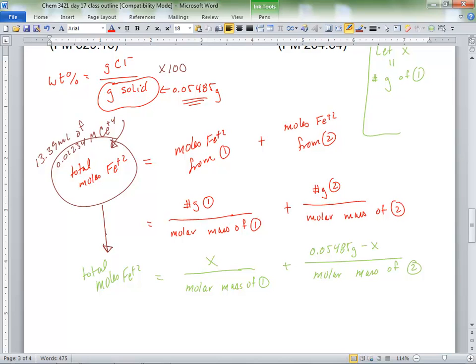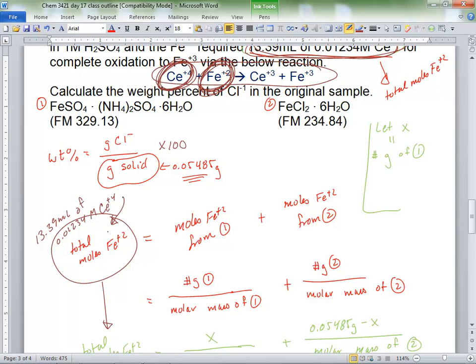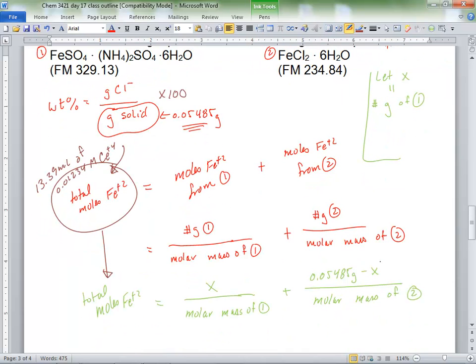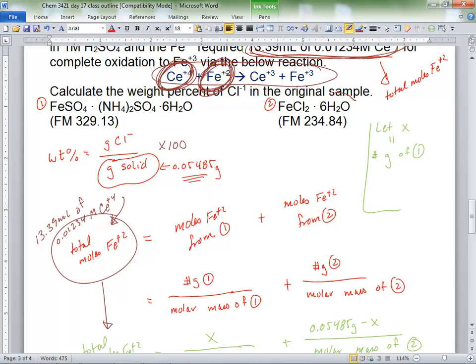Put that number right in here and put in the molar masses, and you'll have to solve for your x. And once you solve for your x, they're interested in chloride. Number 2 is this one. So we'll know the number of grams of it, so just convert the number of grams of this into grams of chloride.